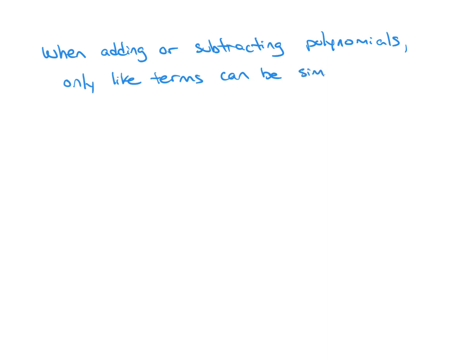I'll use the word simplified actually. Only like terms can be simplified. We can collect like terms together and simplify by adding or subtracting them, and we add or subtract them simply by adding or subtracting their coefficients.